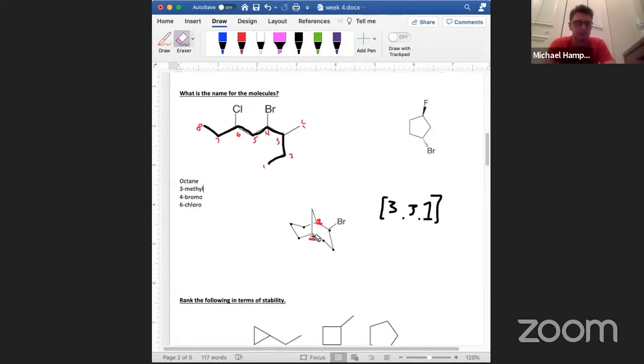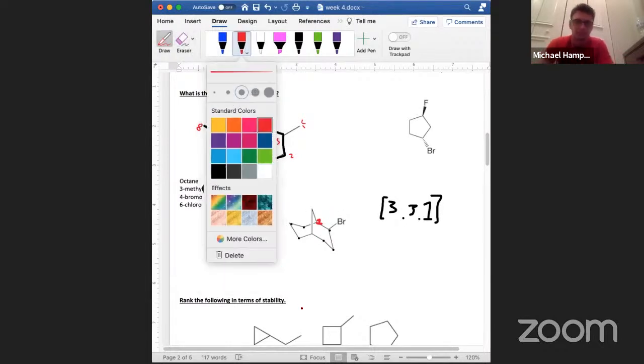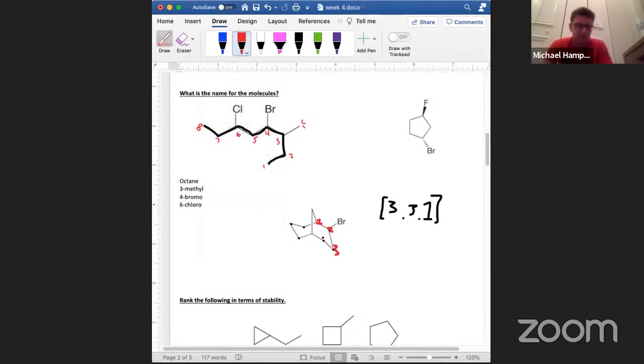And again, we want our substituents on the lowest number possible, so we start counting in which direction? To the right. 2, 3, 4, 5, 6, 7, 8, 9.